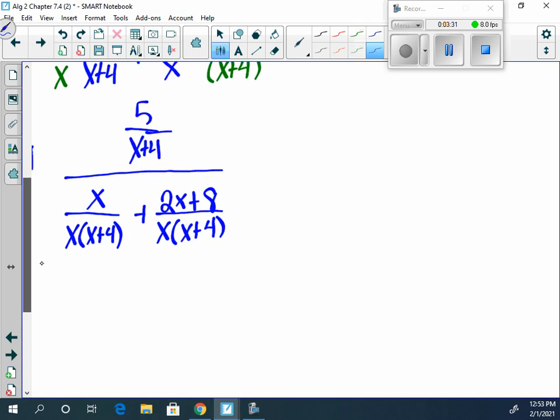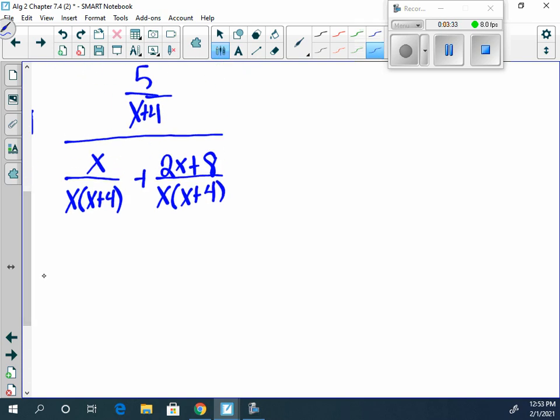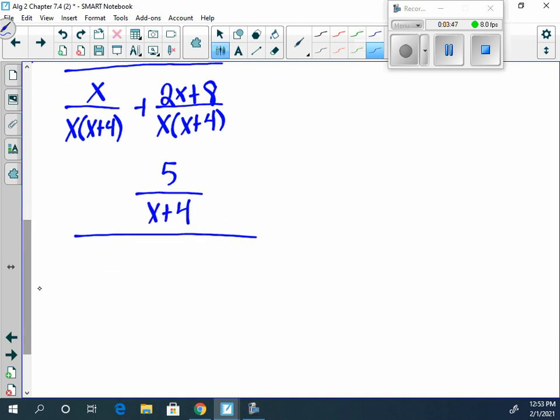Okay. So any questions on this so far before we add the fractions on the bottom? Okay. So when we add these fractions together, we're going to have x plus 2x plus 8 over x times x plus 4.